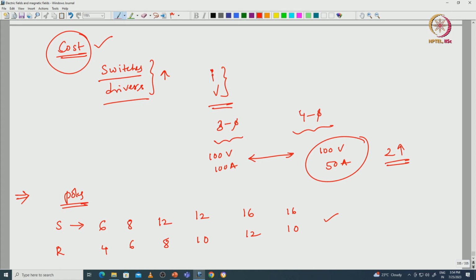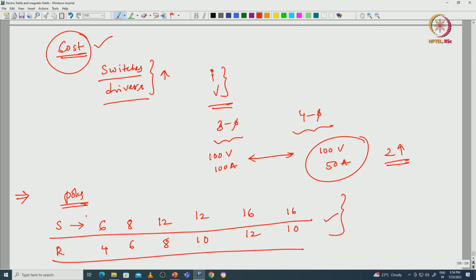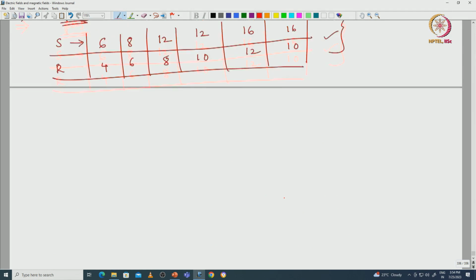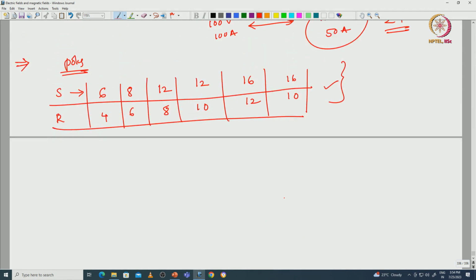There the torque ripple and other limitations we have to address accordingly. As per the standards we can see the stator number of poles and rotor number of poles. With respect to this we have to select the number of poles at the stator, and the stator poles depend upon the cost also.